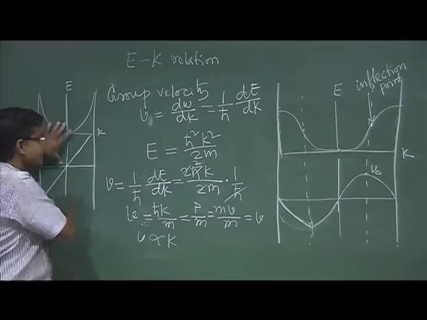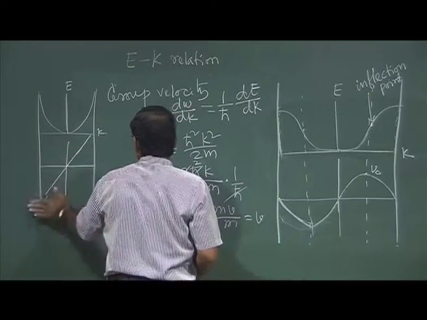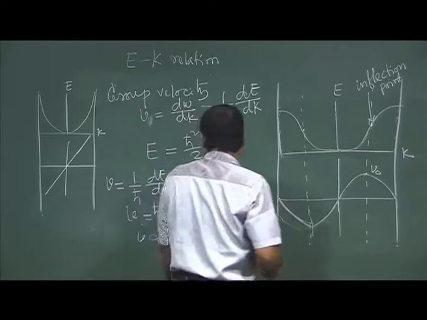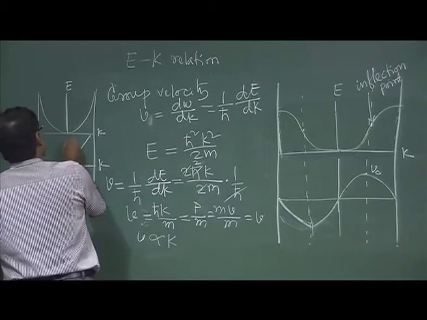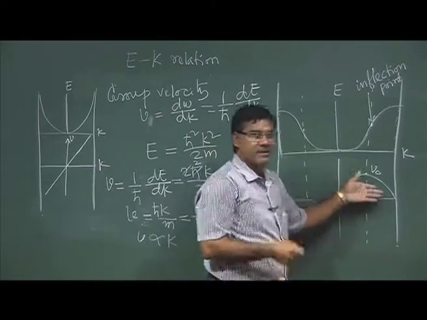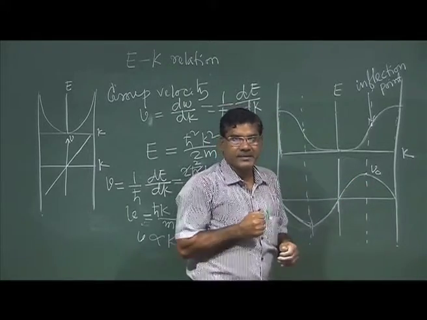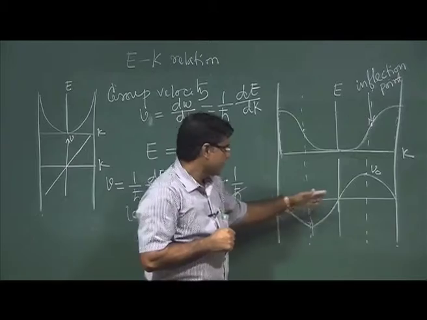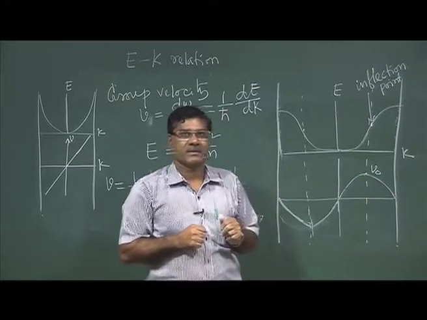So, you see it is quite different. In the case of a free electron, velocity is linearly changing with k, this axis is velocity. But when the electron is not free, it is in a band, then its variation is quite different.